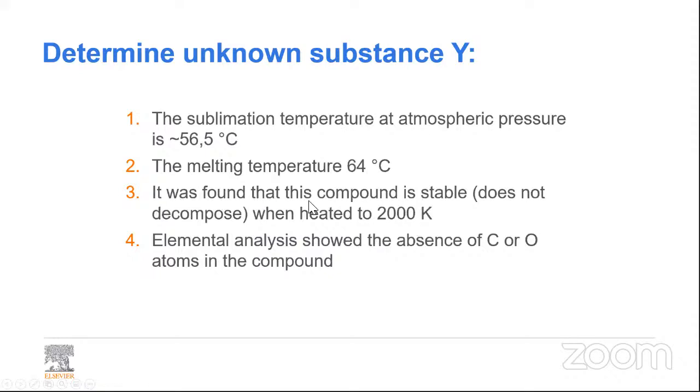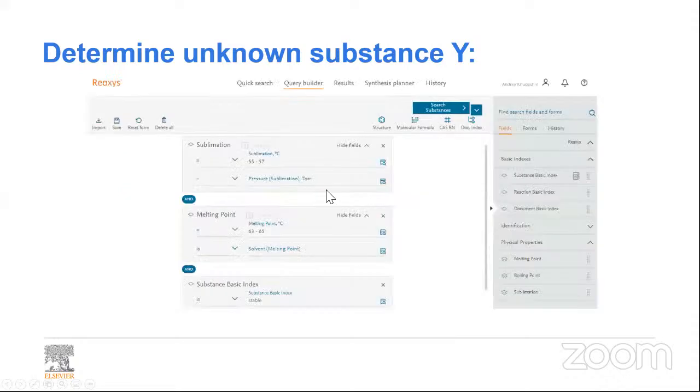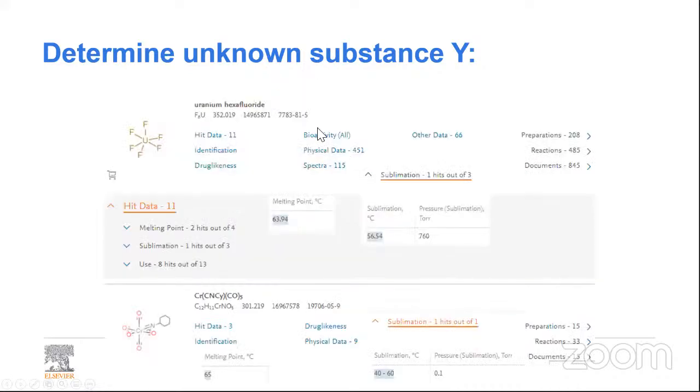You know that it doesn't decompose when heated to 2000 kelvins, and you know from elemental analysis that there is no carbon and oxygen. You can make the same request, find all substances that fit these parameters, and understand what the next analytical methods could be to continue analysis of this material.